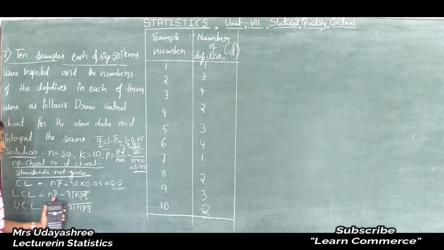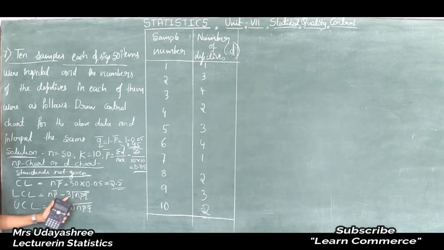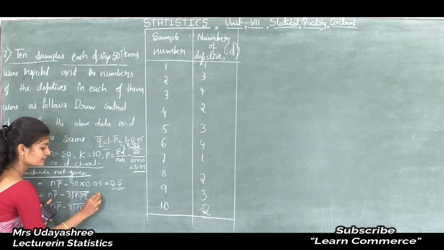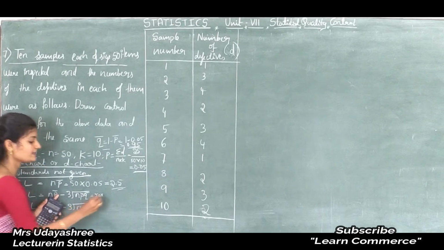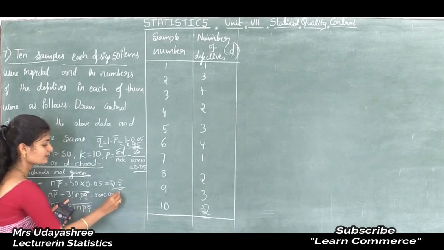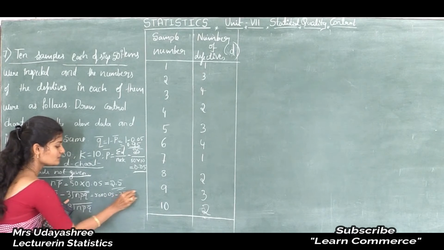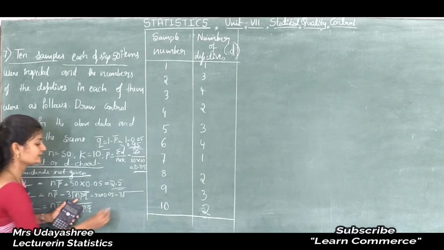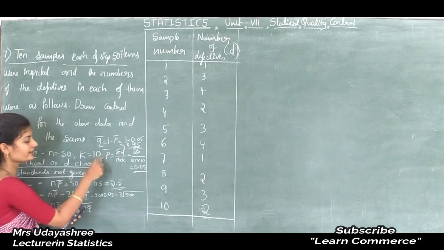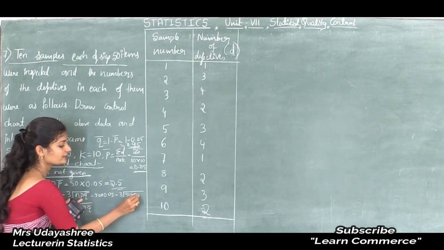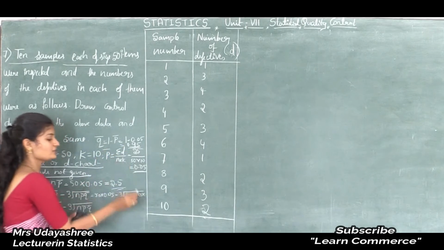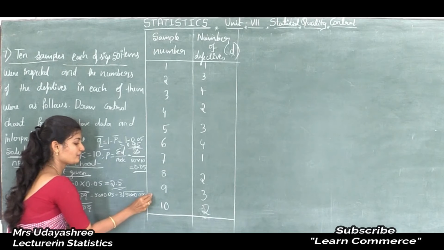Now I will substitute n, P bar and Q bar into this formula. Here n is 50, P bar is 0.05, minus 3 into square root of n, which is 50, into P bar 0.05, into Q bar 0.95.